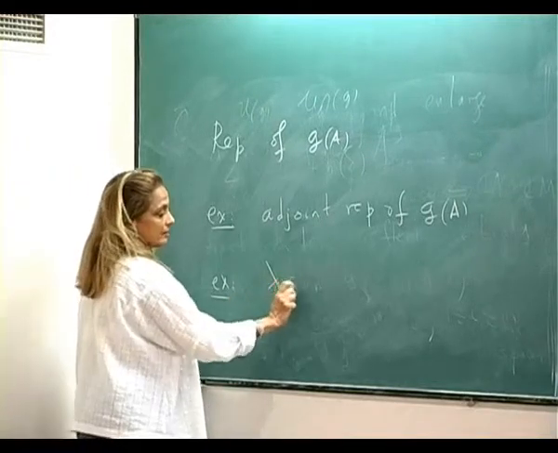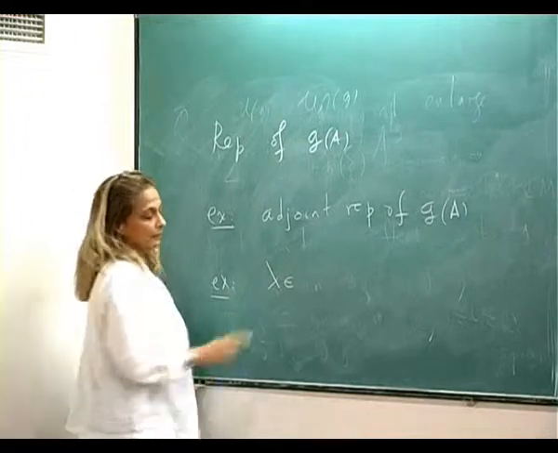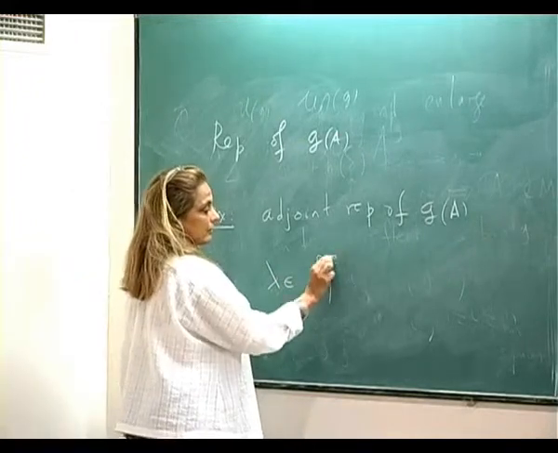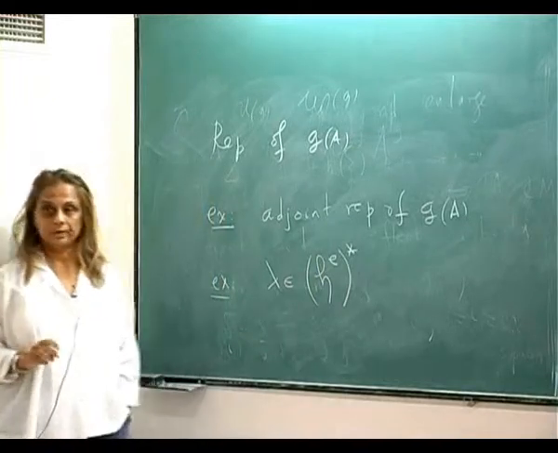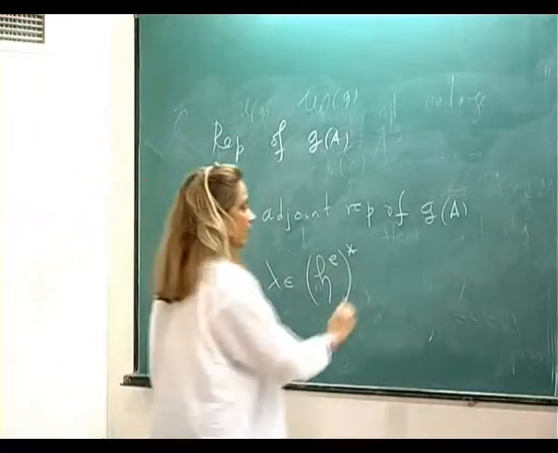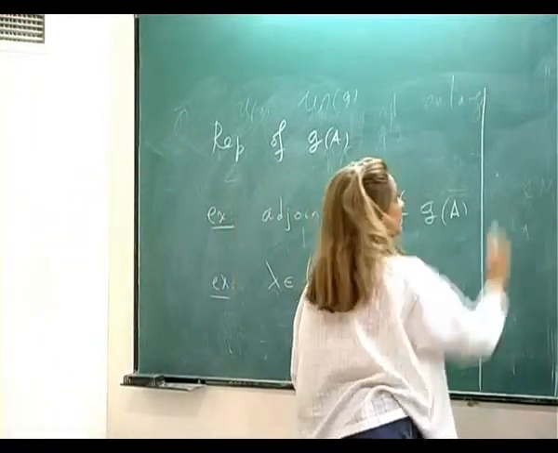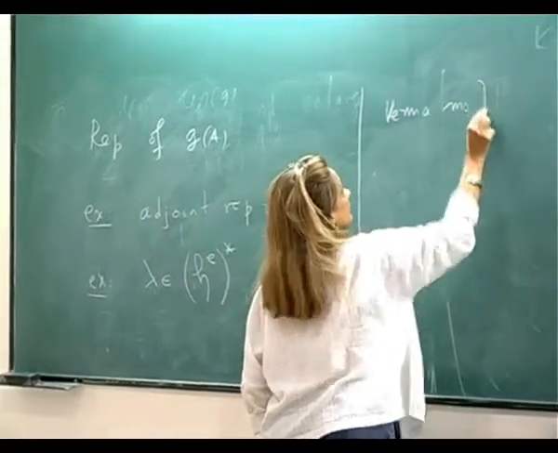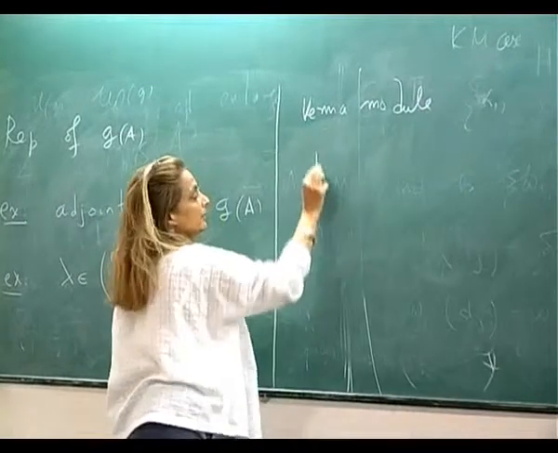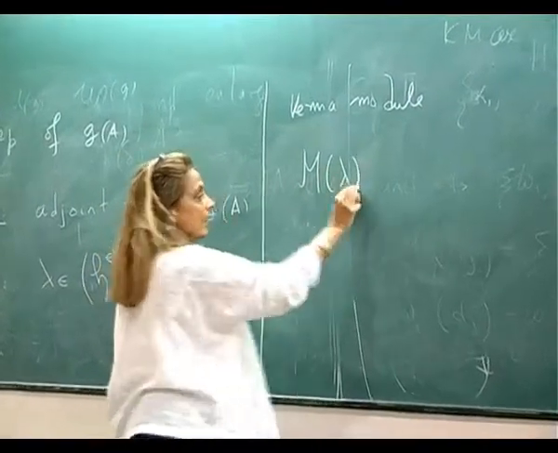You start with an element which lives, using this extended notion, in the dual, right? And then you define what we call the Verma module. So you define the Verma module, M lambda. And how do we define that?